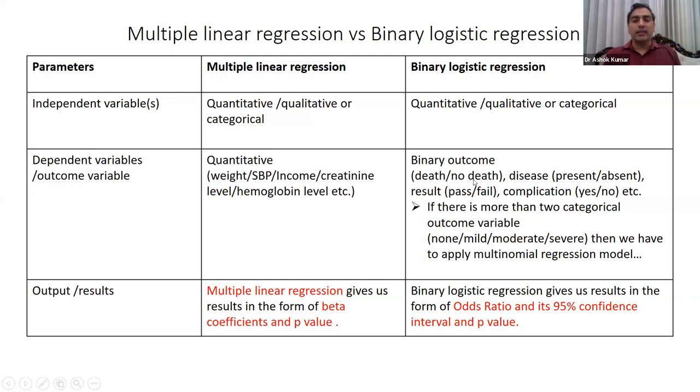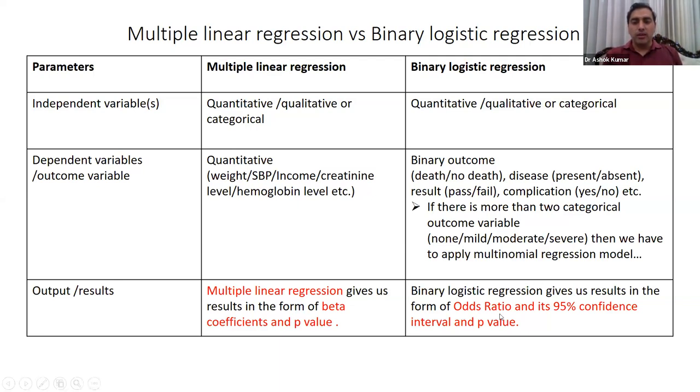It is a categorical outcome, and the category are binary or dichotomous, not more than two. If it is more than two, it is called a multinomial logistic regression. But when outcome is binary, then we use binary logistic regression.